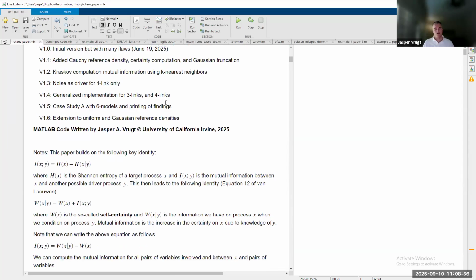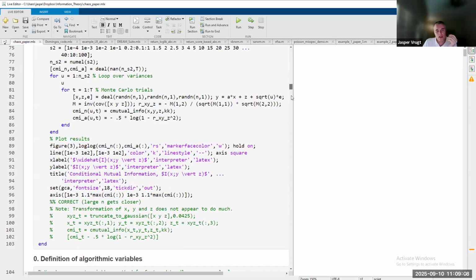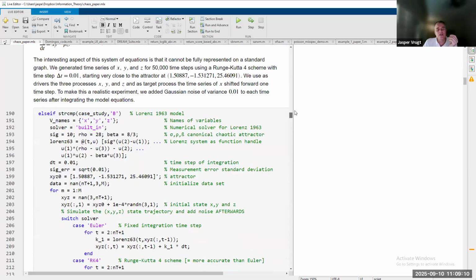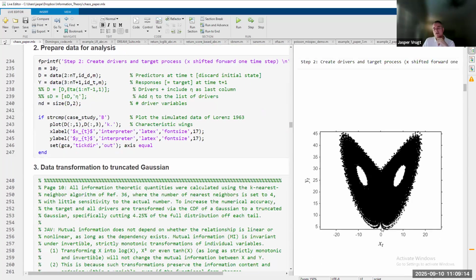All the results are now generalized and I get the same results, but I never realized that with information theory you need a lot of data, meaning that if you look at just the Lorenz equations, this is with 3 state variables, X, Y, and Z.